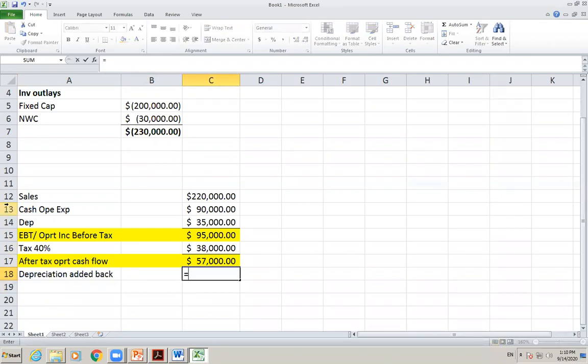So our depreciation needs to be added back, 35. When we add the depreciation back, what we derive is the last thing we are actually looking for, the final after-tax operating cash flow.